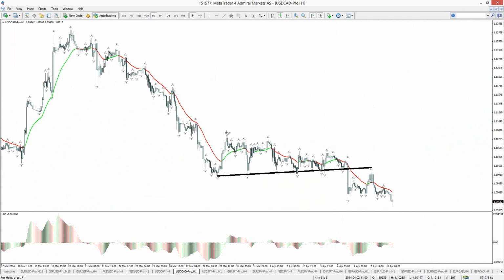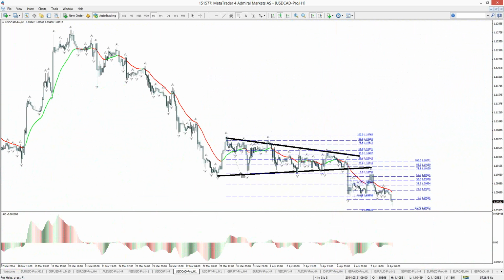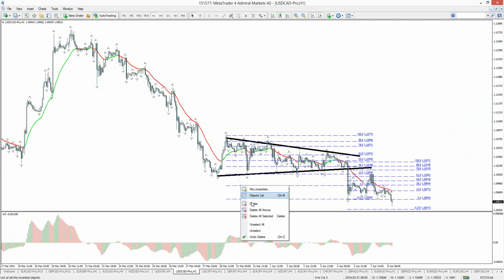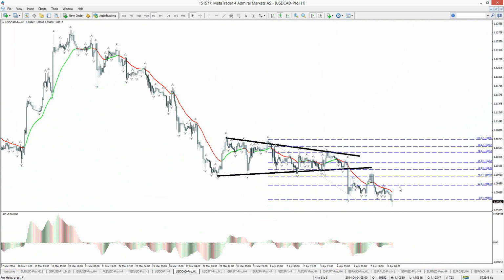We broke this triangle already, and we broke it, hooked back to a fib, 61.8, as we can see here. Depending on how you fib it, it could have been a 38.2 as well.